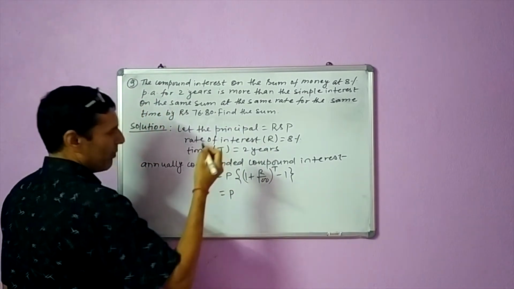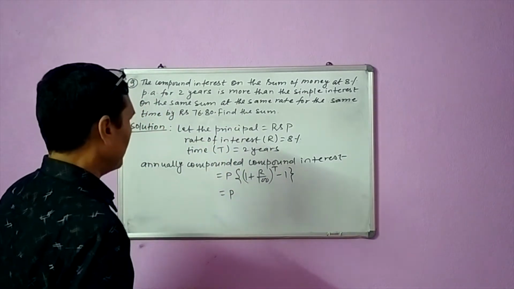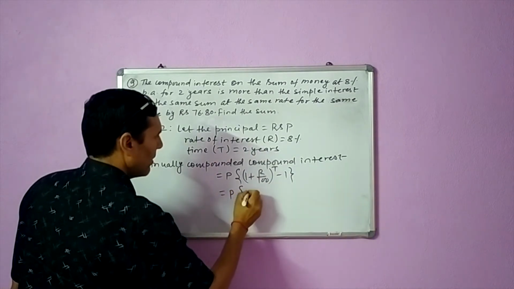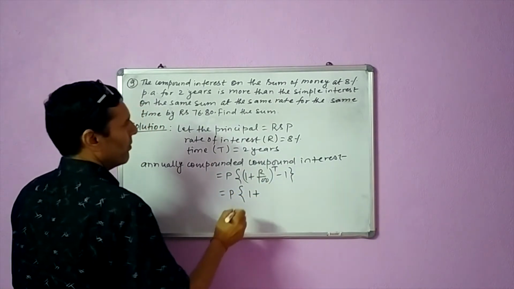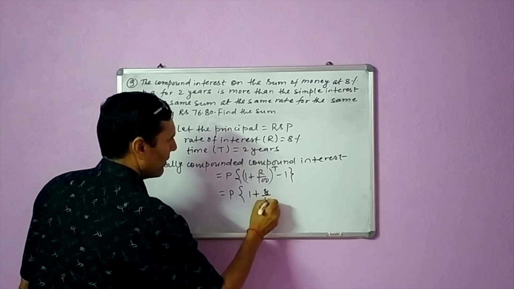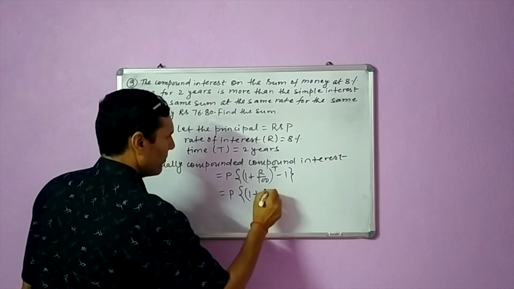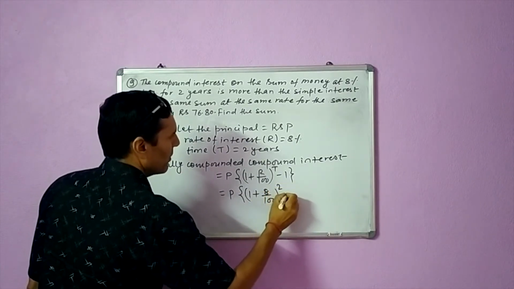Now we don't have the value of P, we leave this as it is. And 1 plus R, rate of interest is given 8%, 8 upon 100. Time is given 2.